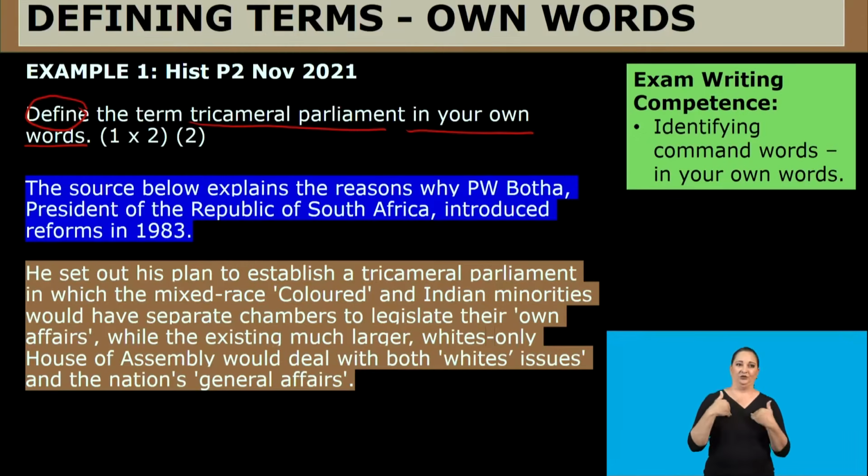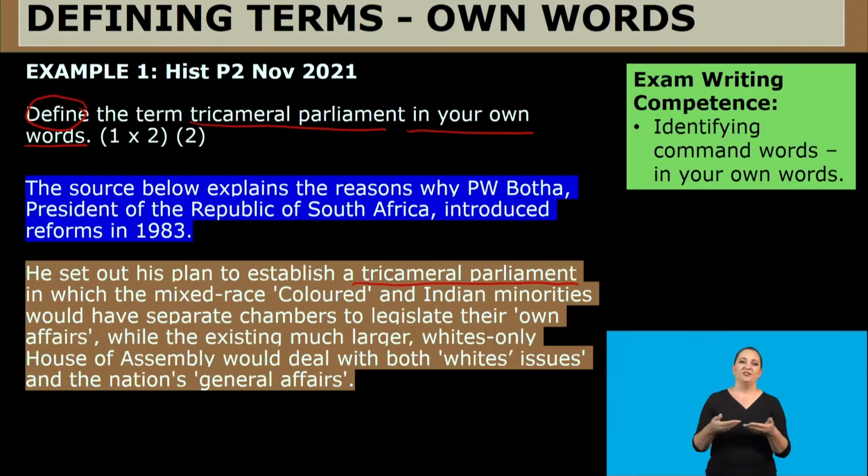And then it reads, he set out his plan to establish a tricameral parliament, so there is the word that you have to define in your own words, in which the mixed race, colored and Indian minorities would have separate chambers to legislate their own affairs, while the existing, much larger, whites-only House of Assembly would deal with both white issues and the nation's general affairs.